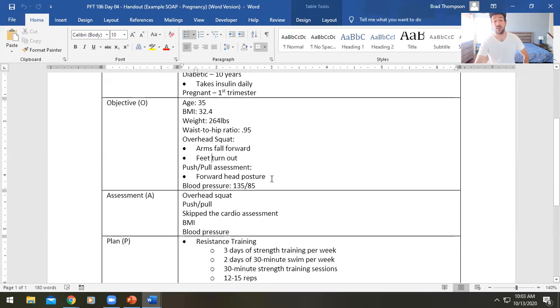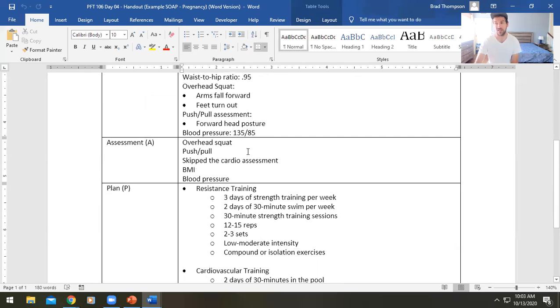And then during her pushing and pulling assessment, we see a forward head posture. So arms fall forward and a forward head posture. That means that we're definitely going to see some overactive trap muscles, lat muscles, and pec muscles. And guess what? Her blood pressure is pre-hypertensive, 135/85. Relatively high. Makes sense considering she's got a pretty stressful job, and that might explain why she's got all this upper body stuff going on.